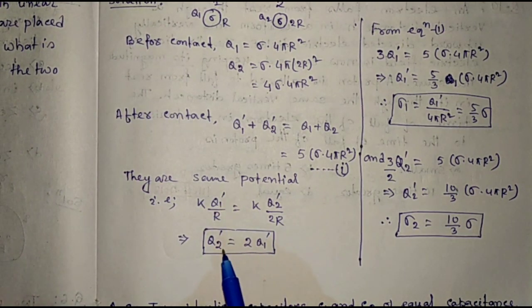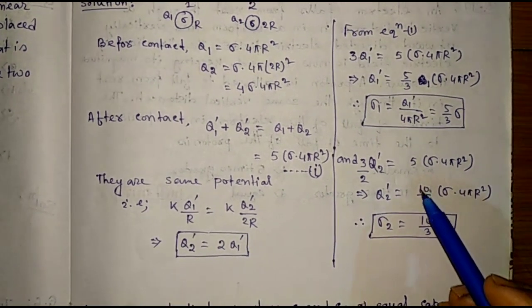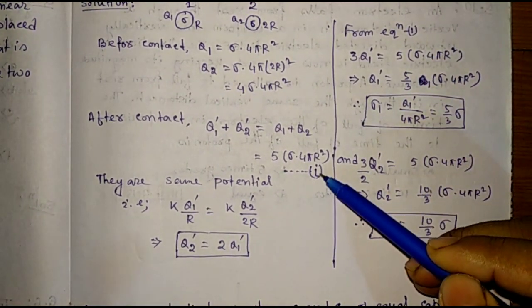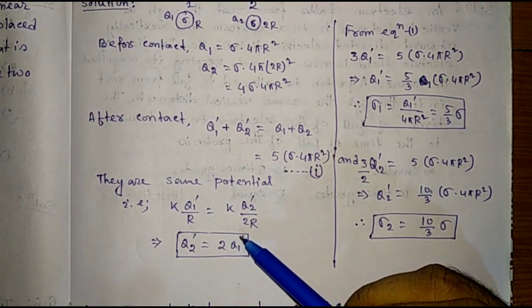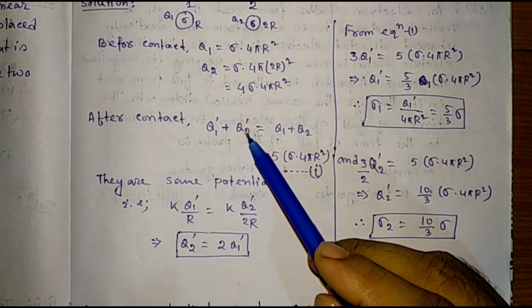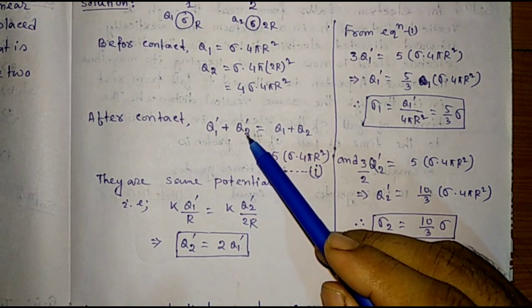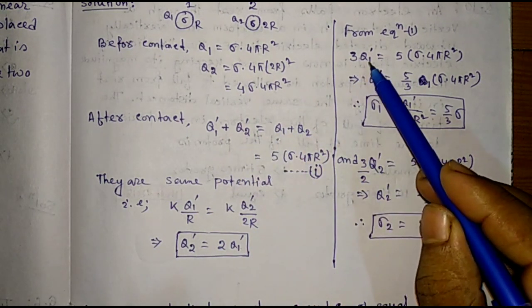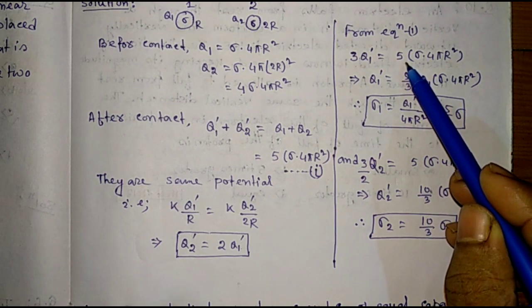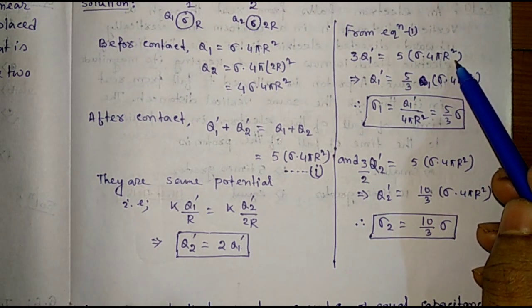From this we can write q2' is equal to 2 q1'. Now from equation 1, putting the value of q2' equal to 2 q1', we get 3 q1' is equal to 5 into sigma 4 pi r square.